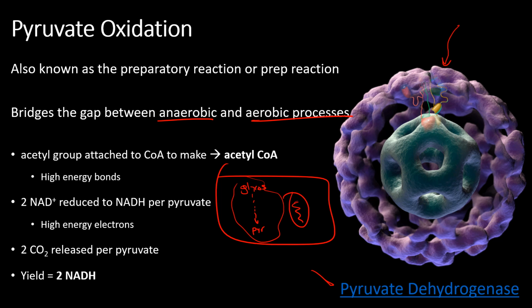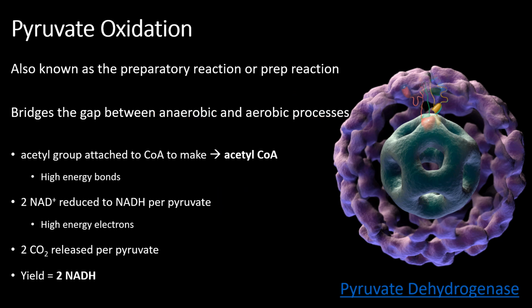The mitochondria is where we're going to be able to utilize the oxygen in aerobic processes. So fundamentally, glycolysis is an anaerobic process, okay? Whereas the Krebs cycle and oxidative phosphorylation and pyruvate oxidation are all technically aerobic processes in the sense that they require the presence of oxygen for them to happen, okay?